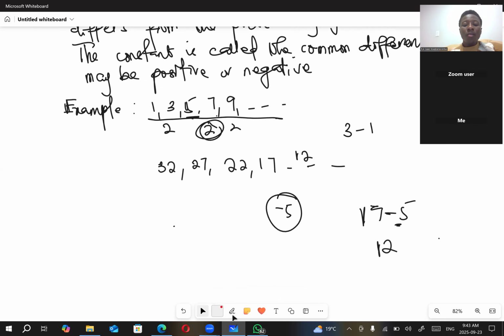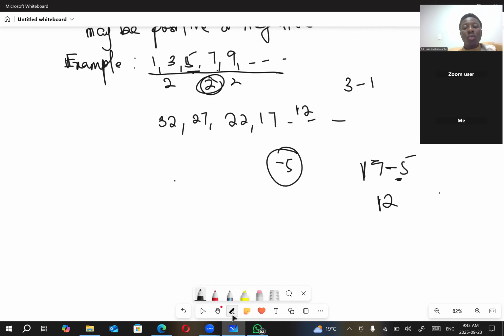That constant is called the common difference, and we use D to represent that. So if you see D anywhere, it's called what? Common difference, or that constant. And I'm going to show you how it's done.